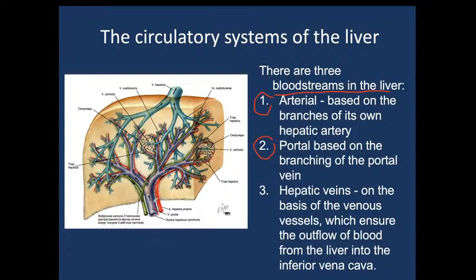This is the biggest blood vessels in the liver. And the third is the hepatic veins. It is not green, it is this light blue color.